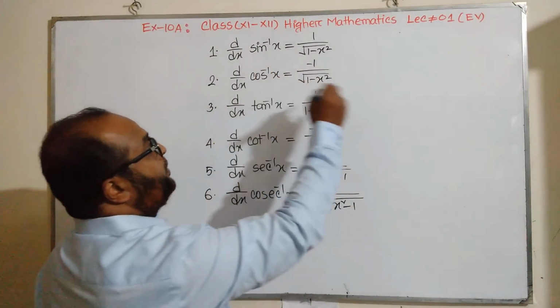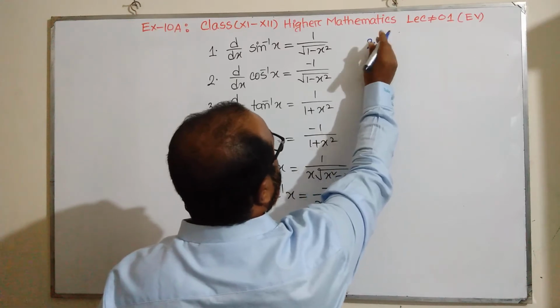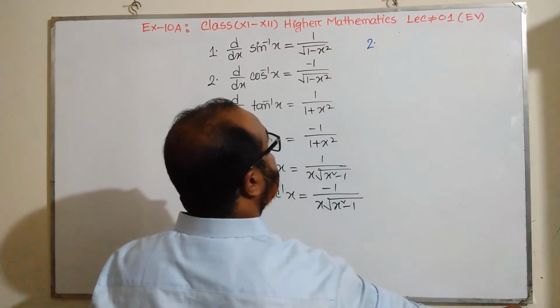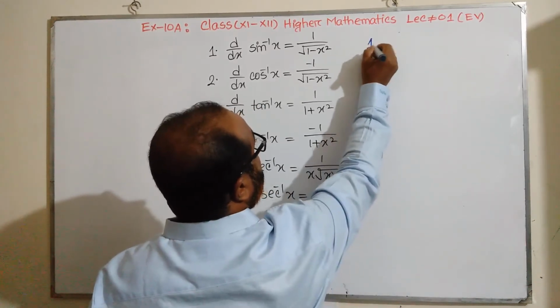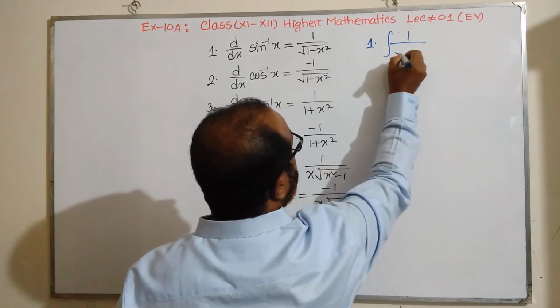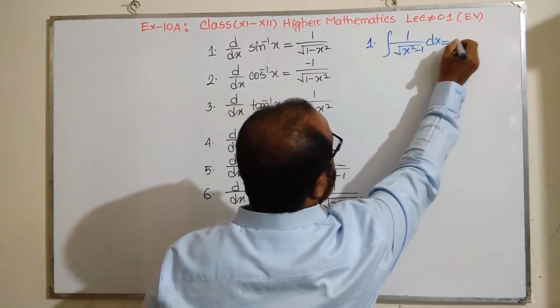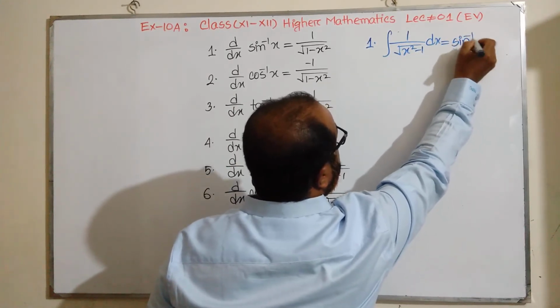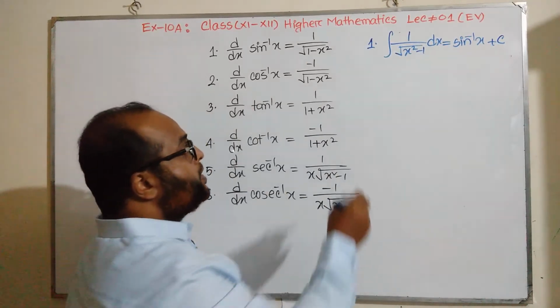Now the related integrations: number 1, integration of 1/root(1 minus x square) dx equals sin inverse x plus c.